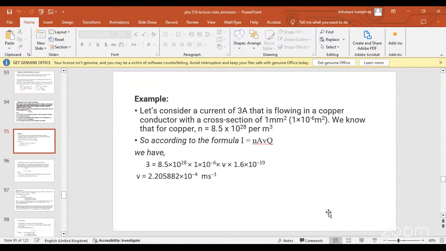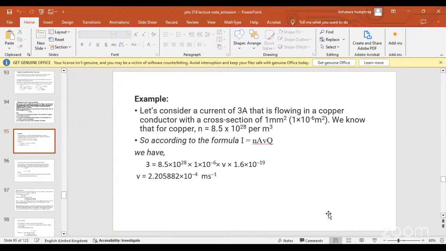So here we have an example. Consider a current of 3 ampere flowing in a copper conductor with a cross section of 1 millimeter square.